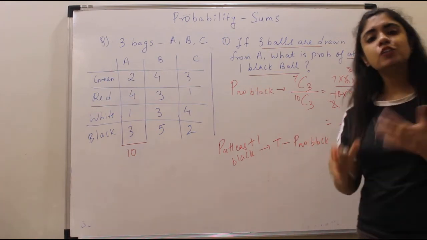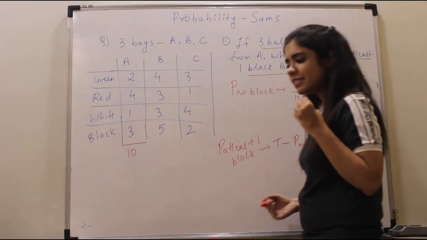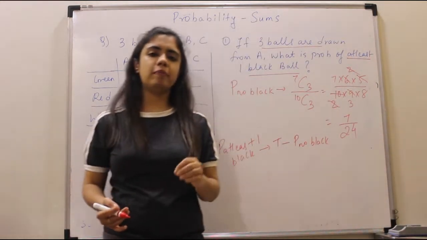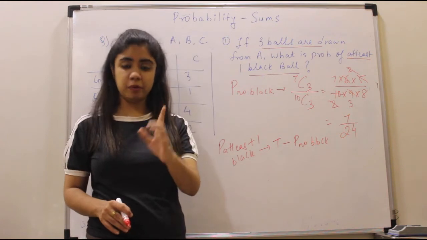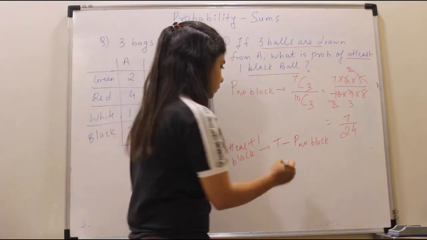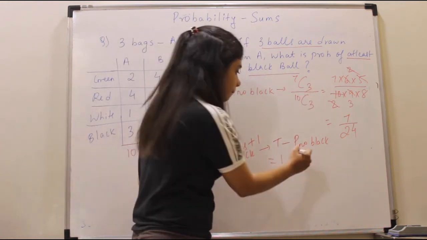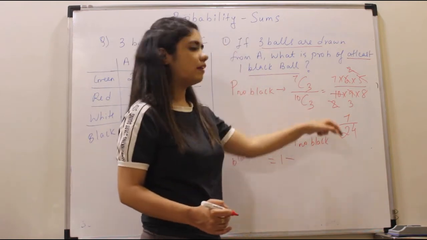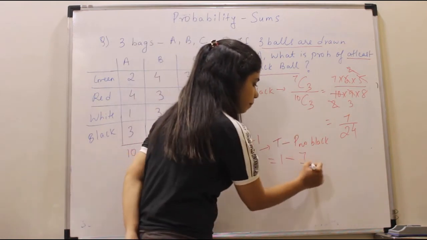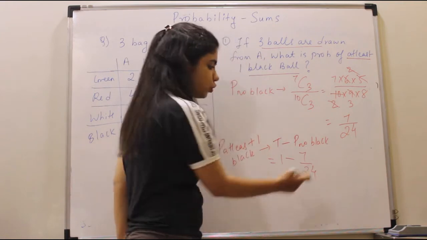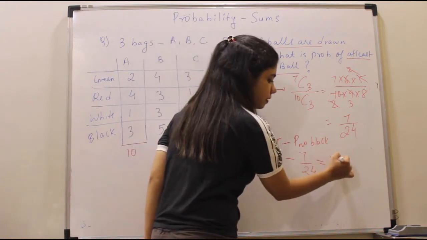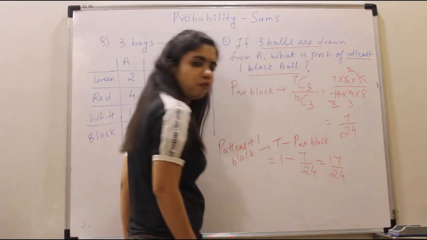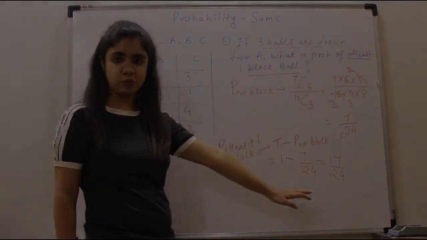What is total probability? Always remember, the total probability in any case is 1 because it cannot exceed 1. So the total probability becomes 1 minus 7 upon 24, the no black probability. So 24 minus 7, your answer becomes 17 by 24. So this is your solution.